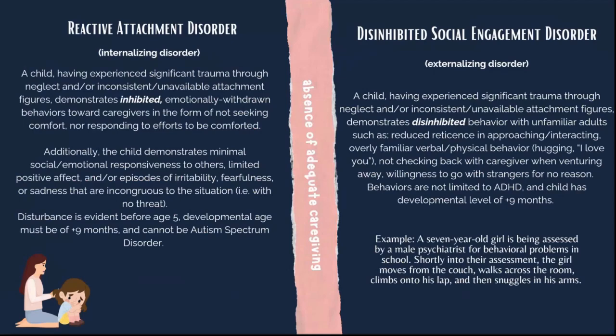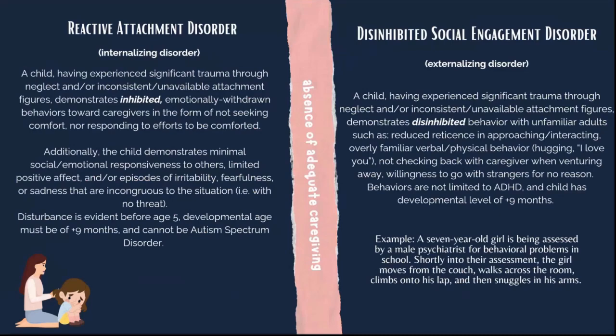With reactive attachment disorder, this is where we're going to see internalized behaviors such as inhibited, emotionally withdrawn behaviors, where whether it's with those caregivers or subsequent caregivers, the child is not seeking comfort and not responding to efforts to be comforted.